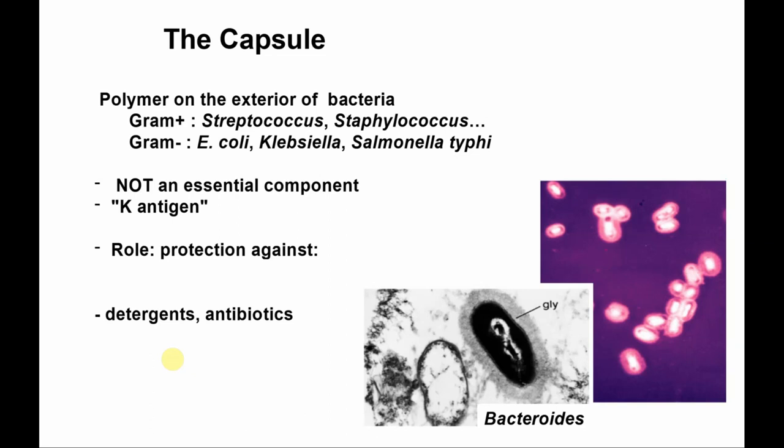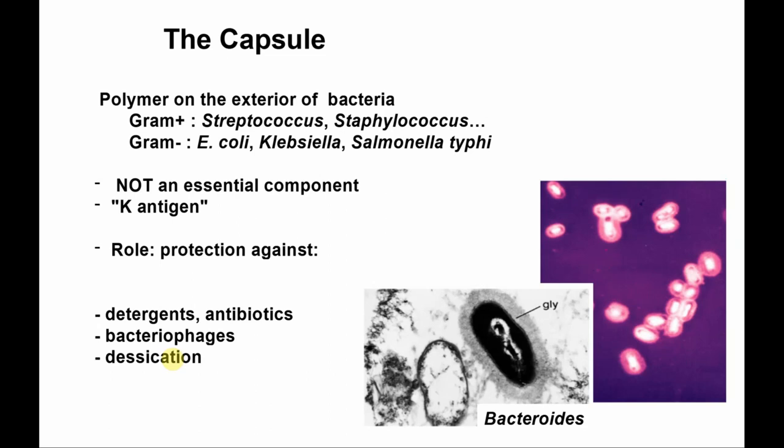It's a little bit like LPS in that respect, but also it can protect against infection by bacteriophages, particularly in gram-negative bacteria. A lot of bacteriophages will use LPS as the receptor for binding to the cell to infect it. So if you put another layer on top of the LPS, then those bacteriophages won't be able to get in and infect the cell. So it's protection against bacteriophages, a bacteriophage being a virus that infects bacteria.